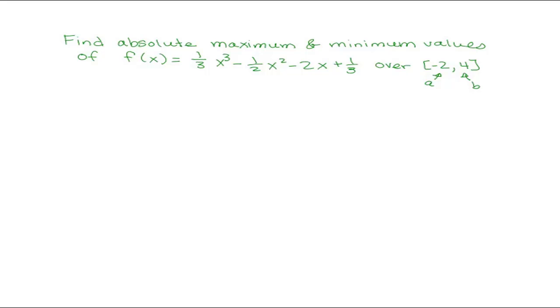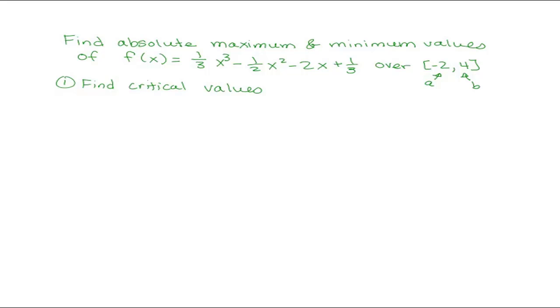All right, so let's start off by finding our critical values, to see if there are any critical values for this function. To find critical values, we just find the first derivative, then either set it to 0 or find where it's undefined.